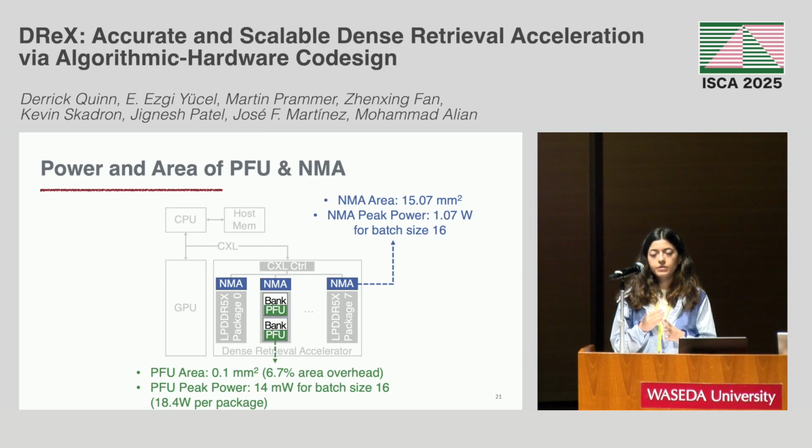A single PFU has 0.1 square millimeter area, but per package there are 1024 PFUs, so the total area overhead per package is approximately 6.7%. Also, a single PFU has a peak power of 14 milliwatt for the batch size of 16, but under full load with 1024 PFUs, including the memory access, the peak power consumption during the filtering per package is 18.4 watts.